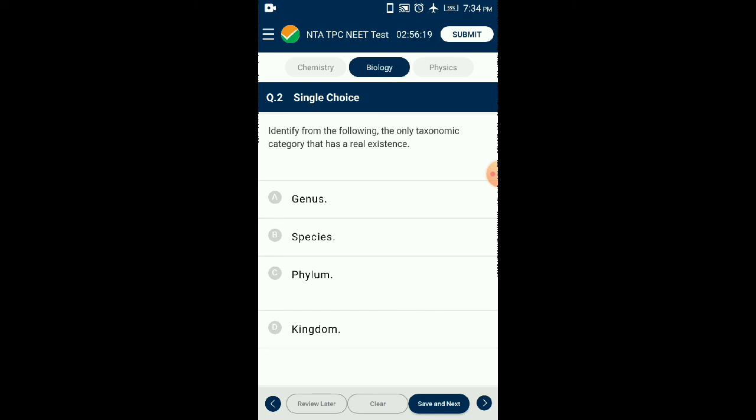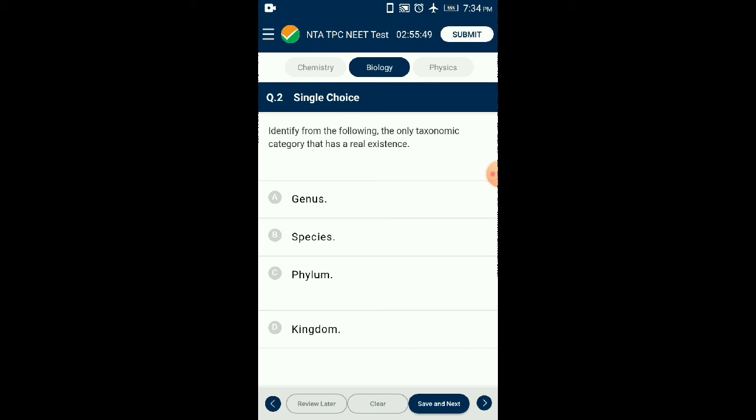Question number 2. Identify from the following the only taxonomic category that has a real existence. Taxonomic hierarchy is the system of arrangement of taxonomic categories in descending order. It was introduced by Linnaeus in the year 1751, who initially proposed five categories such as class, order, genus, species, and variety.